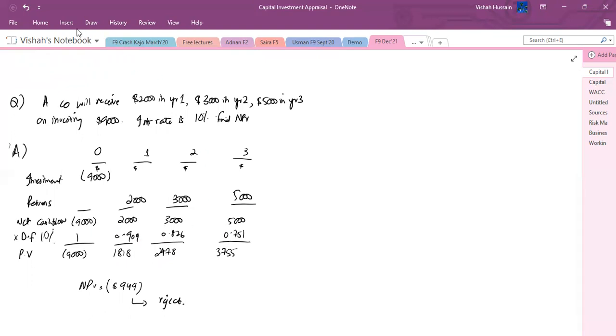When you add these and subtract the 9,000, this would become negative $949. And then because the NPV is negative, you're going to reject the project. Okay. Copy this down. Then you're going to move towards the other example.